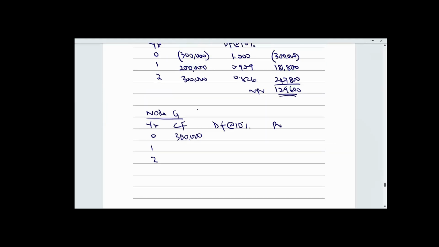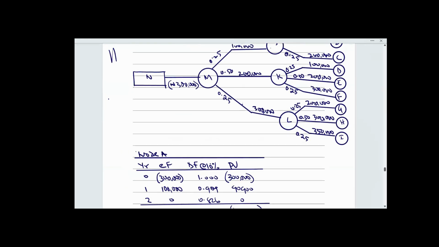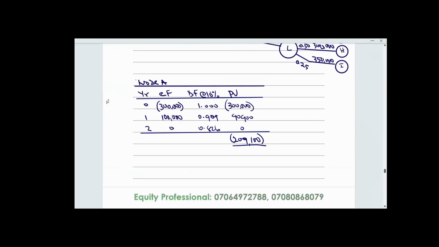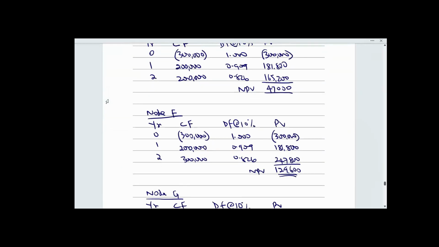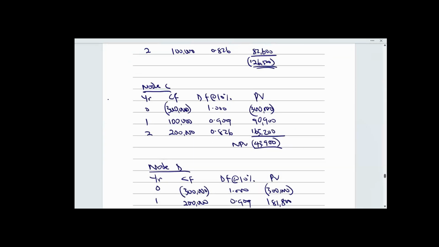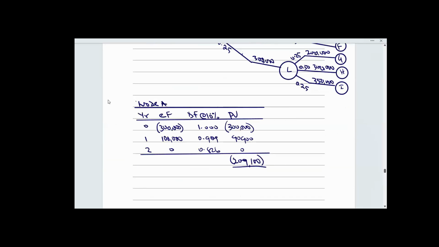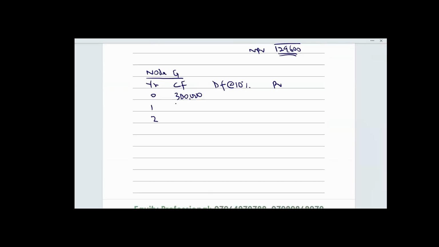For node G, from the diagram, year 1 cash flow is, is it G or F? Have I done F? Yes, we've done F. Okay, we're almost there. So node G, that's 300 and 200.